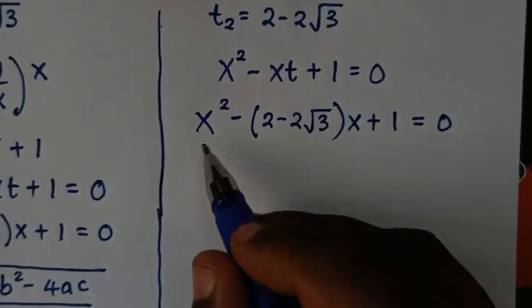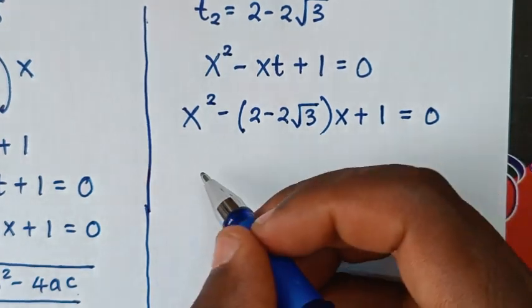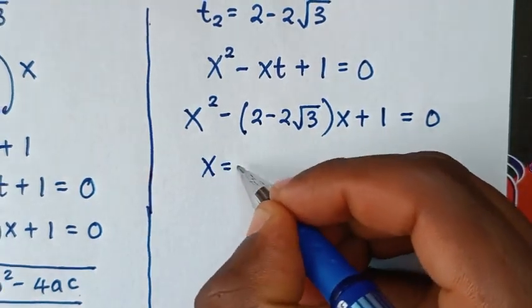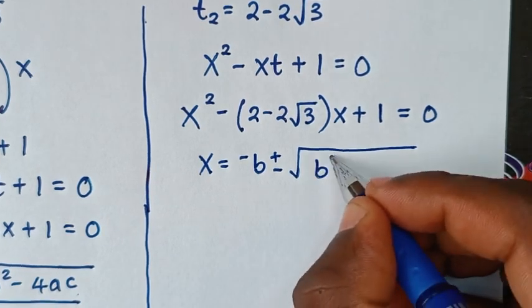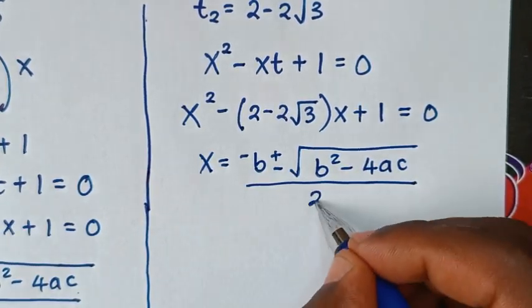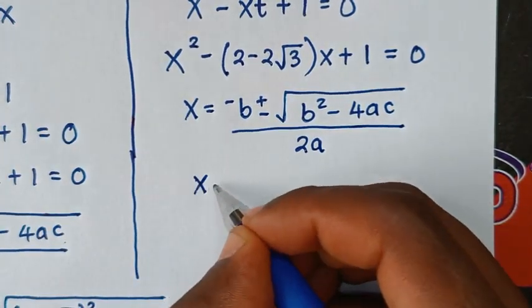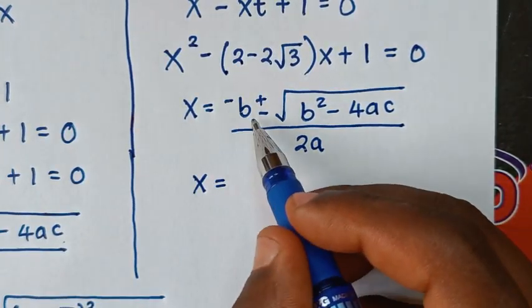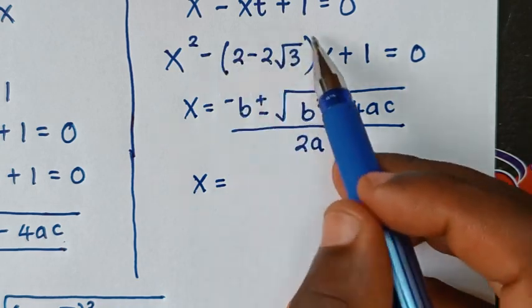Then from here we'll use quadratic formula. So from quadratic formula, which is x is equal to minus b plus or minus square root of b square minus 4ac over 2a. So it will be x is equal to minus b, minus and minus, it will be positive, so positive of this.